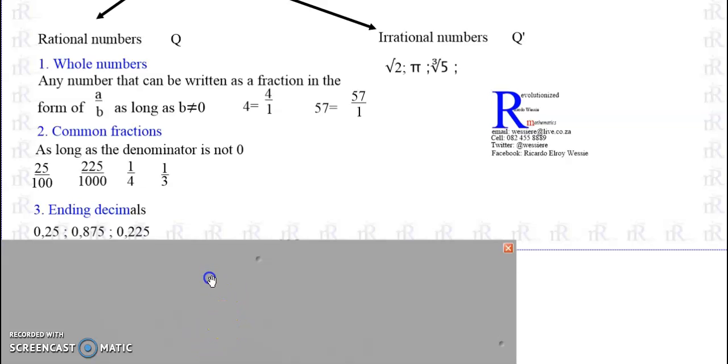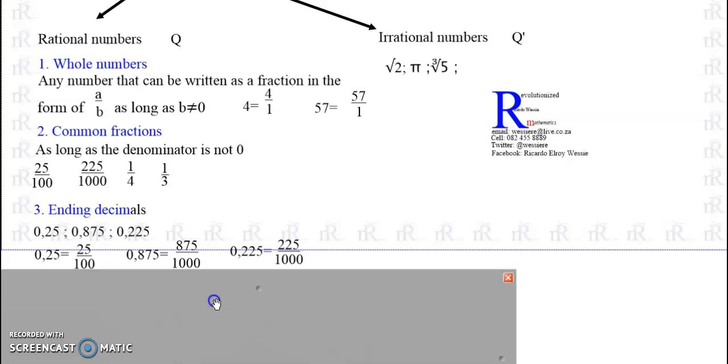So 0,25, if I rewrite that as a fraction, will be 25 over 100, and I can simplify that further as 1 over 4. 0,875 can be written as 875 over 1,000, which can be simplified to 7 over 8 in simplest form.